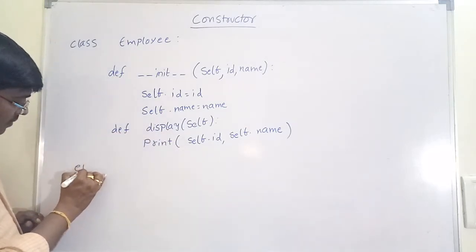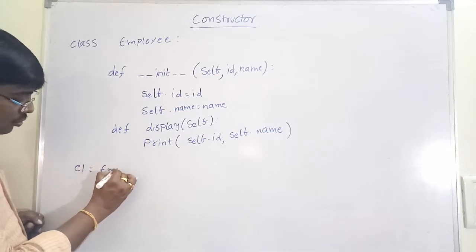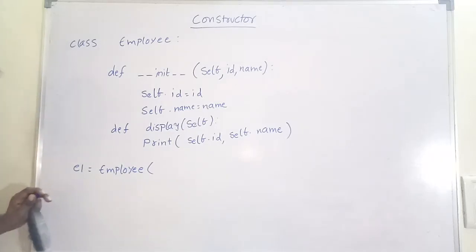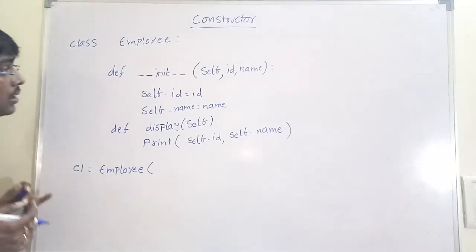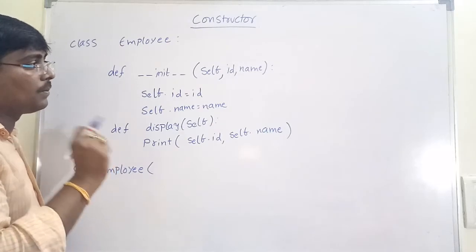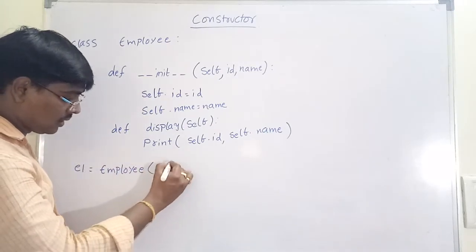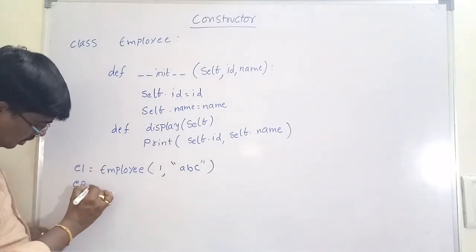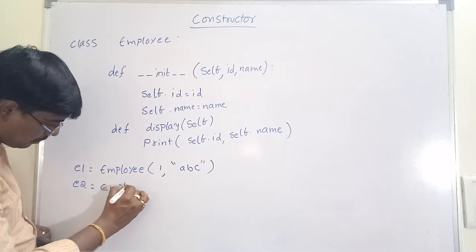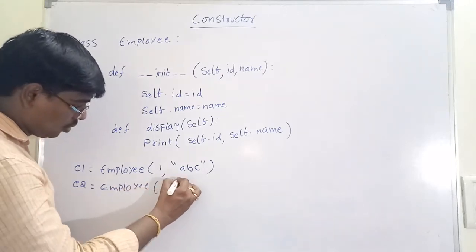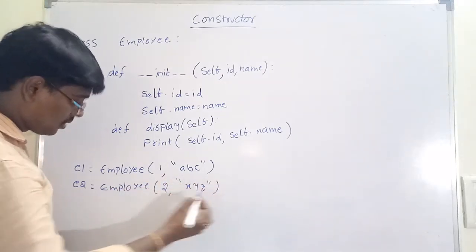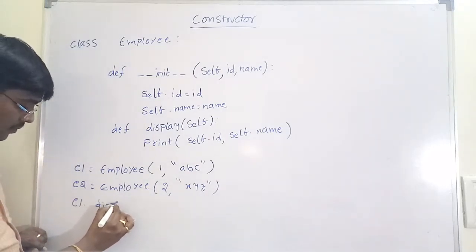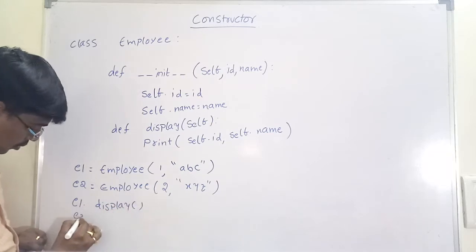How to create an object? e1 is equal to Employee, passing 2 values: 1, abc. I am creating one more object, e2 is equal to Employee(2, xyz). Then we call e1.display() and e2.display().